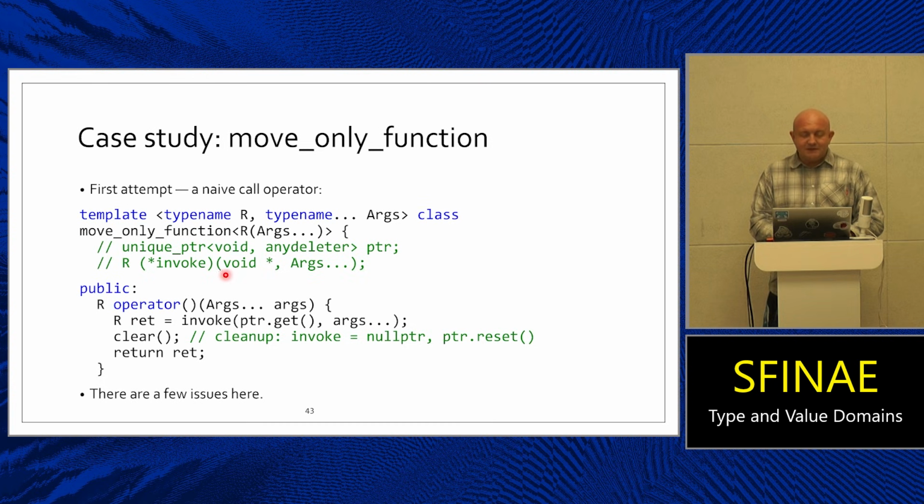All right, let's try to make it callable. The simplest idea is to define the function call operator, which just calls invoke with unique pointer get and args with variable pack expansion. Straightforward enough, right? Of course, here and everywhere, we silently assume that you write the proper forwarding, with args as args ref parameters and std::forward of args in invoke.